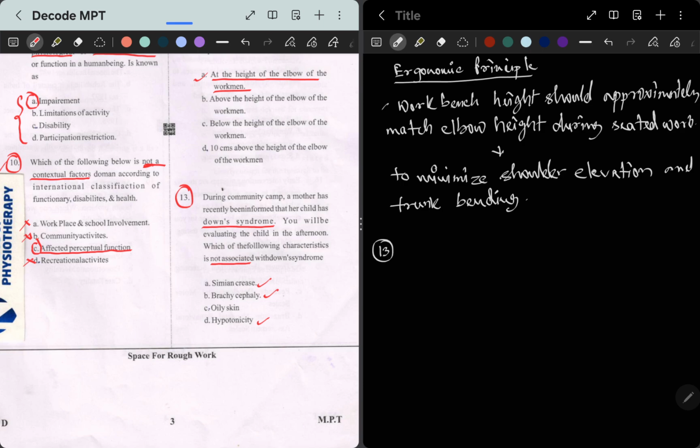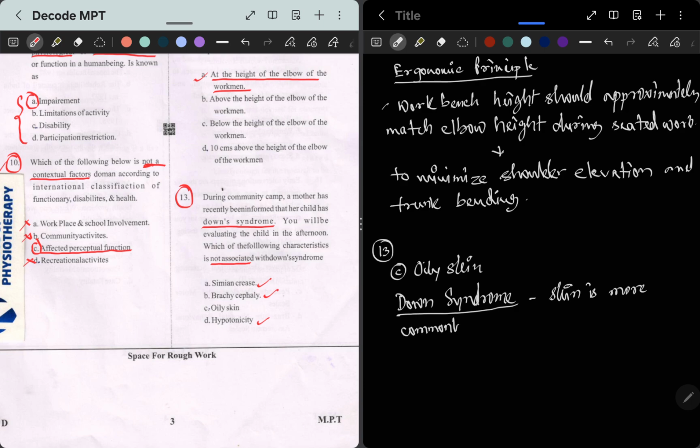So what is not associated is the oily skin, number C. In Down syndrome, skin is more commonly dry and rough, not oily.